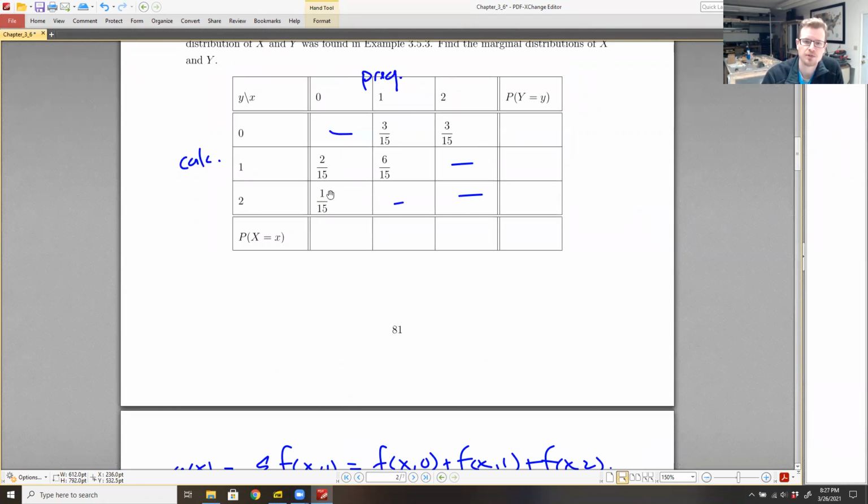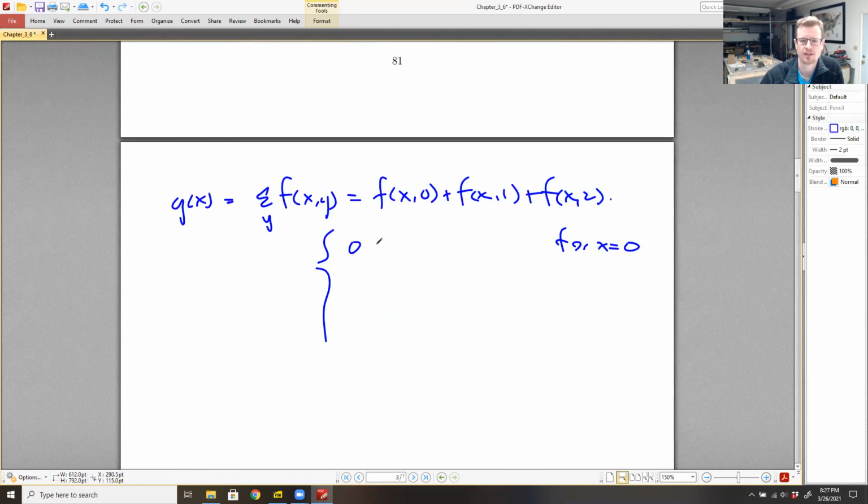And then 0, 2 is 1/15. So f of 0, 0 was 0, f of 0, 1 was 2/15, and f of 0, 2 was 1/15, which of course is just 3/15.